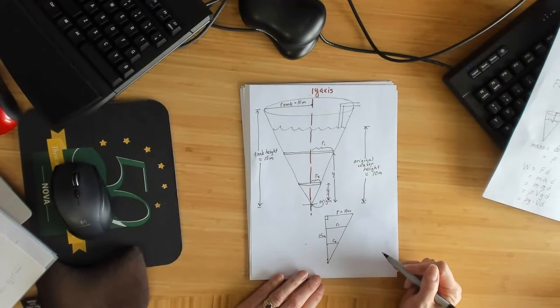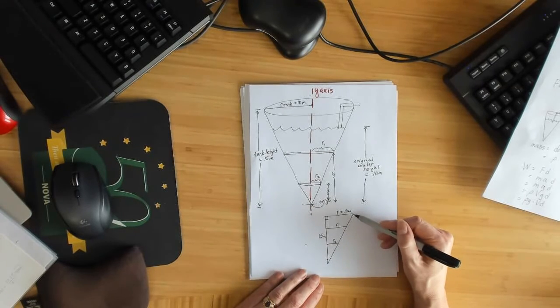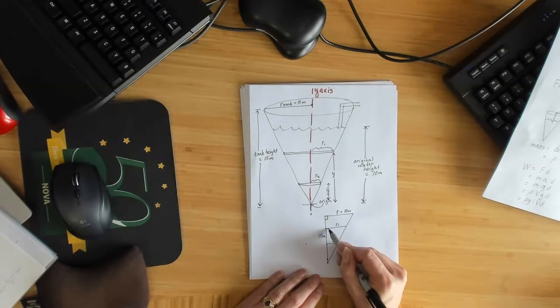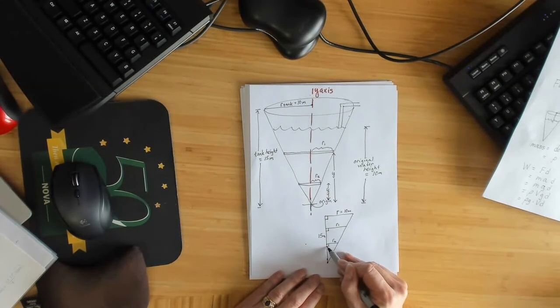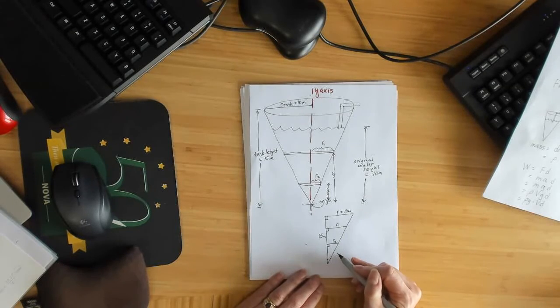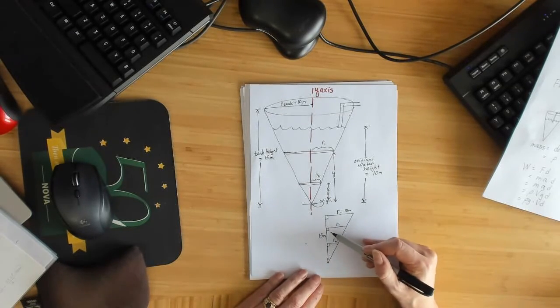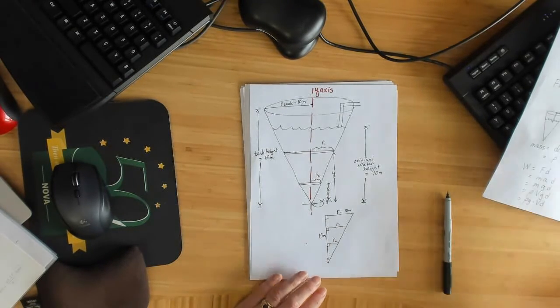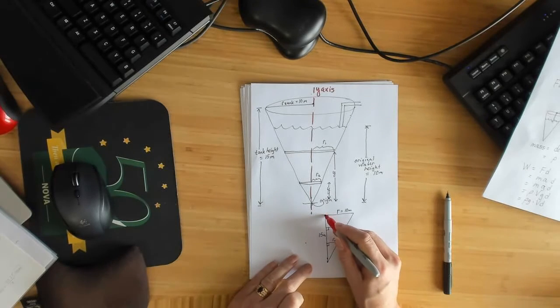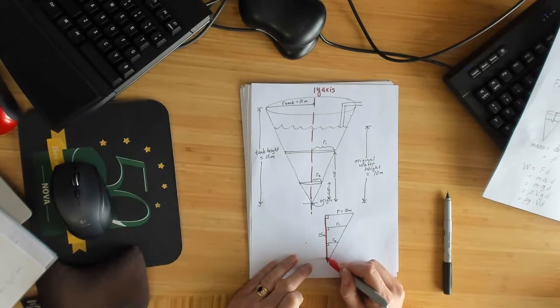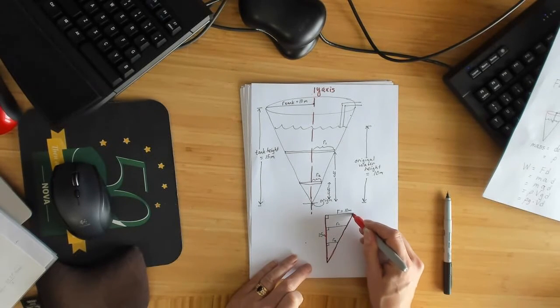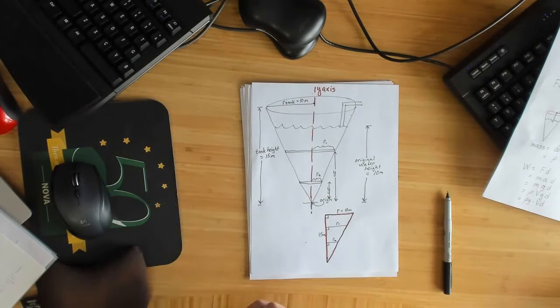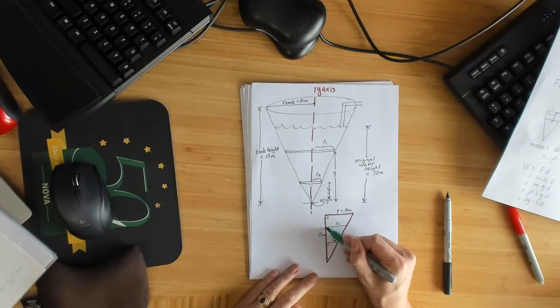But because these radii are parallel to the radius up here, that means these angles are also right angles. If these are right angles, then the triangle that's formed by the large tank, which I've outlined here in red, has to be similar, not equal, not congruent, but similar to the triangle I'm going to outline here in green.